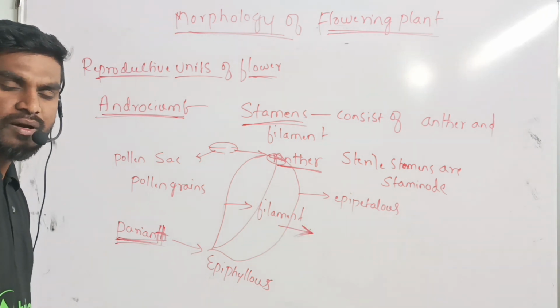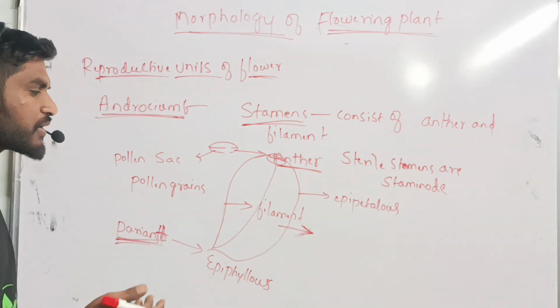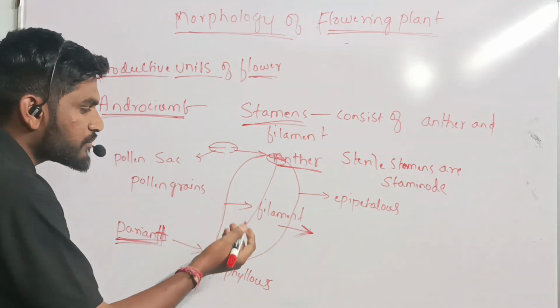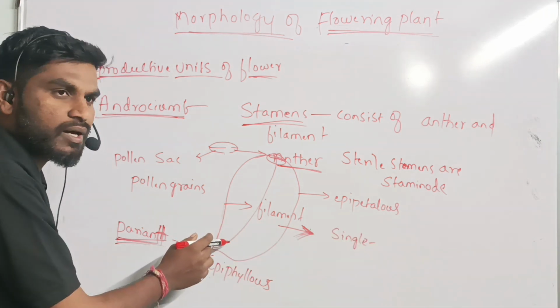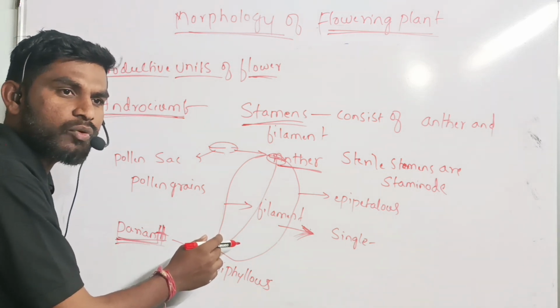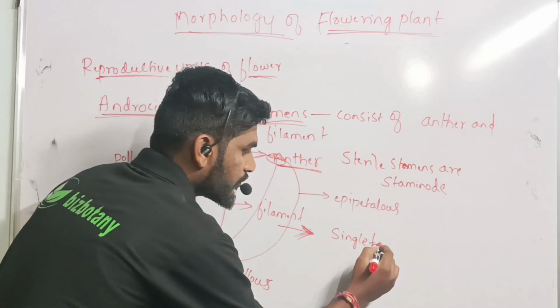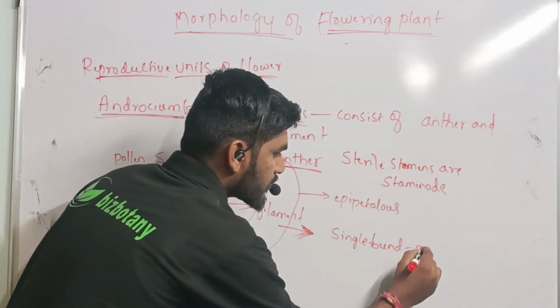Stamens may be free or they may form bunches. When they are fused and form a single bunch, we call it monoadelphous.